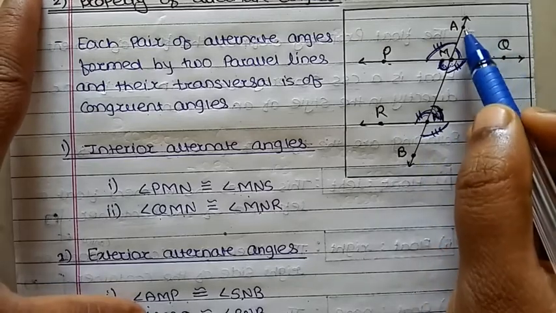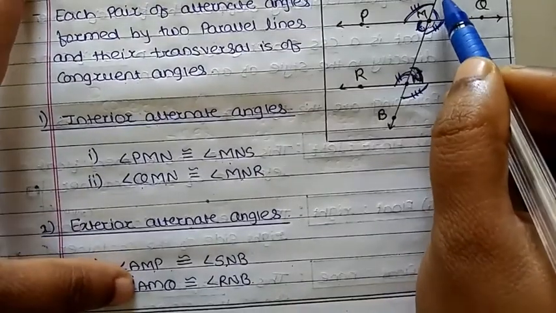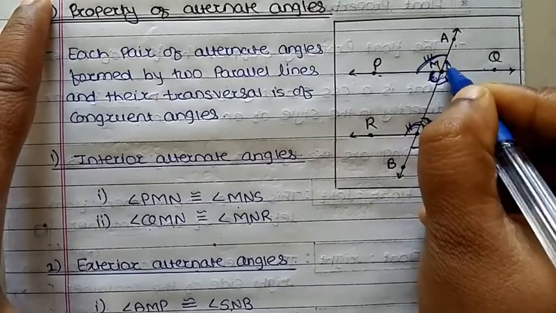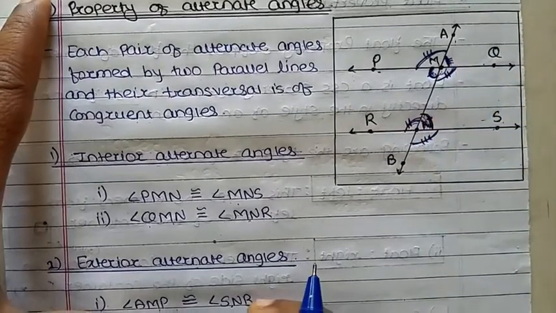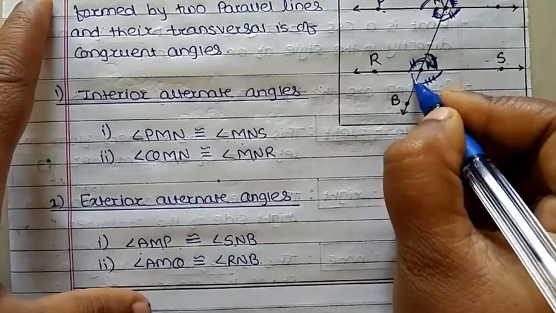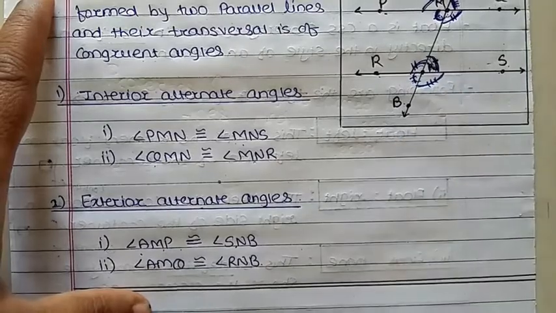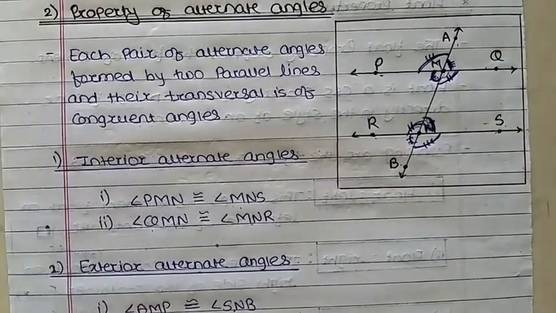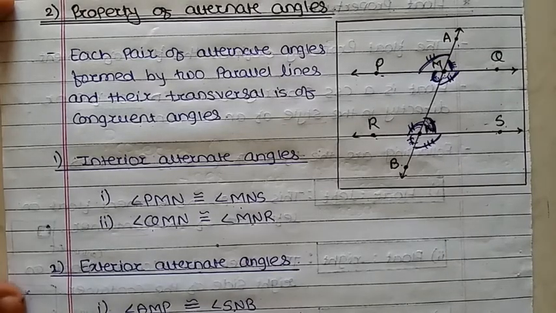Similarly, angle AMQ, this one, is equal to angle RNB, this one. That means we have to show equality here. So alternate angles have two types: interior alternate angles and exterior alternate angles. According to those angles we have to show the equality.